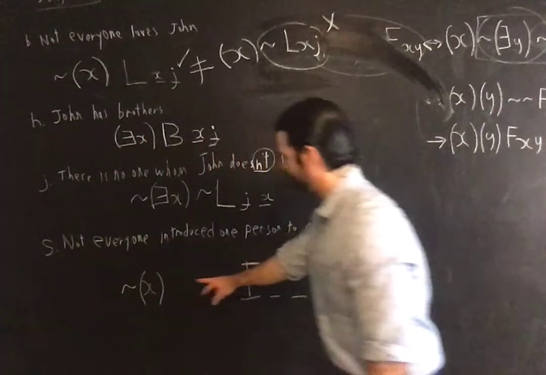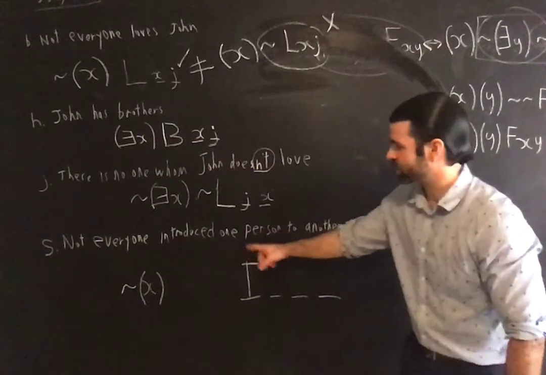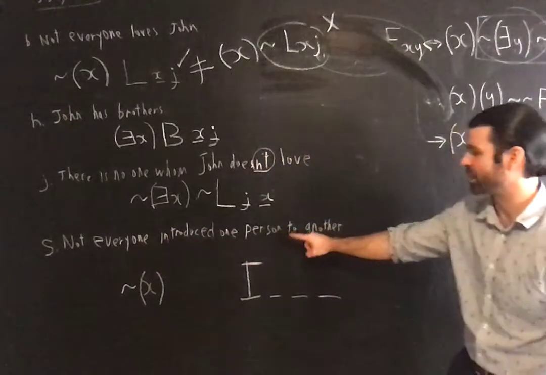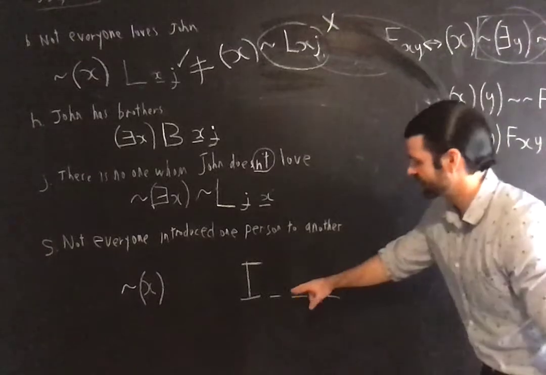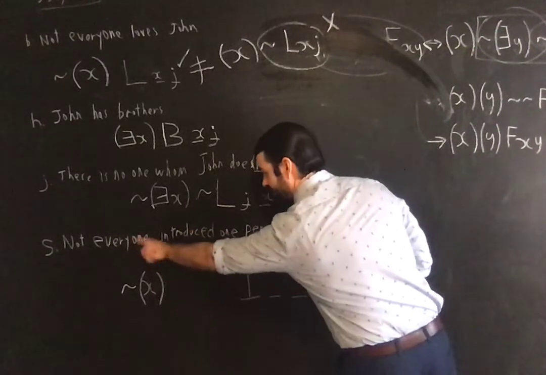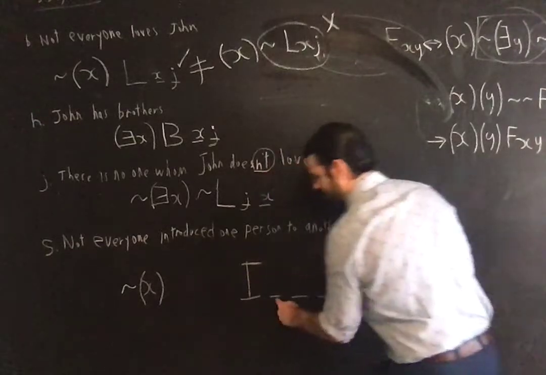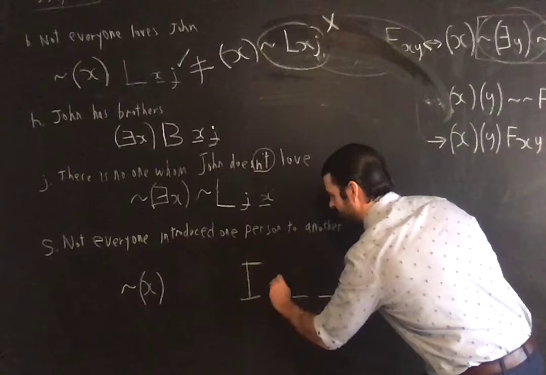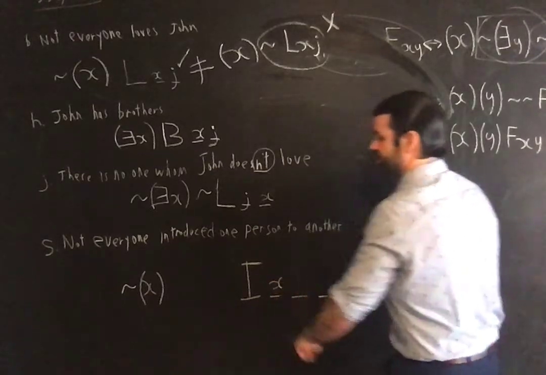What's the X doing? Not everyone introduced one person to another. So it's X introduced Y to Z. So the not everyone, what position is that negated quantifier binding? The first position, the one doing the introducing.